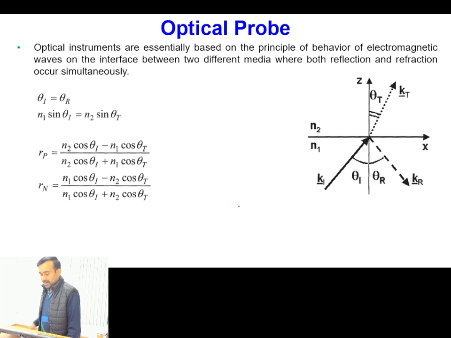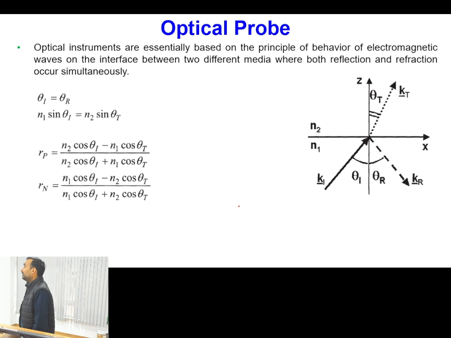The advantage of the radiation attenuation technique was that it did not require any optical access to the pipe, because we were not directly dealing with light; we were dealing with gamma rays and X-rays, which can penetrate through the opaque pipe material. But whenever we deal with optical probe measurement, we have to consider the material of the probe.